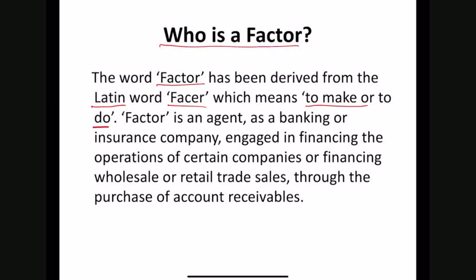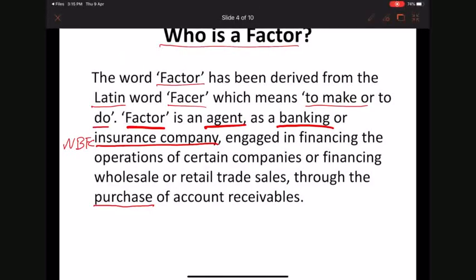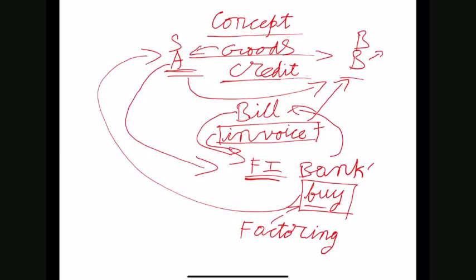So a factor is an agent, might be a bank or an insurance company or any other NBFC, who is engaged in financing the operations of certain companies or financing wholesale or retail trade sales through the purchase of accounts receivable. Here the bank, the factor, buys the accounts receivable from me, the seller.